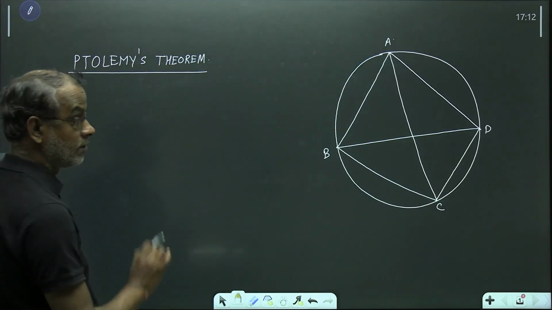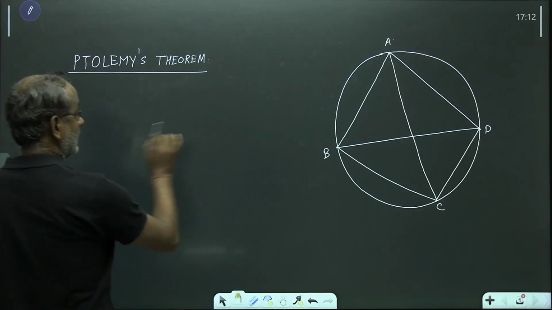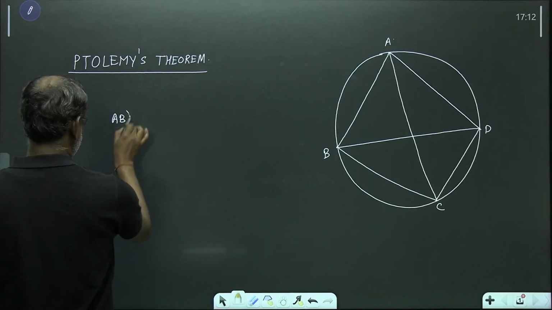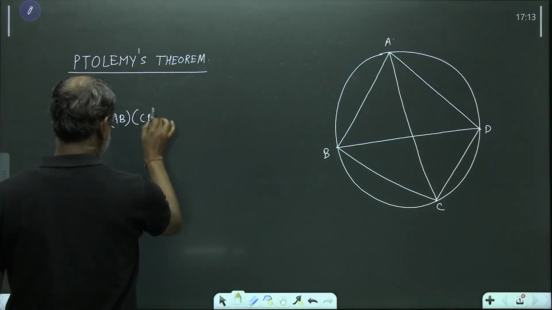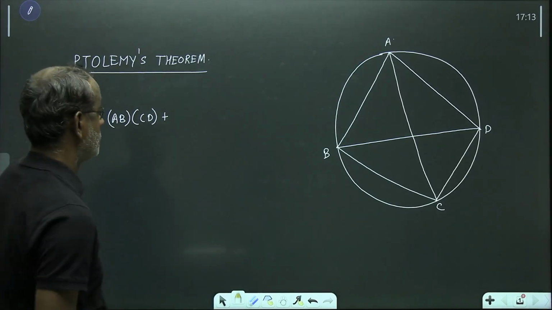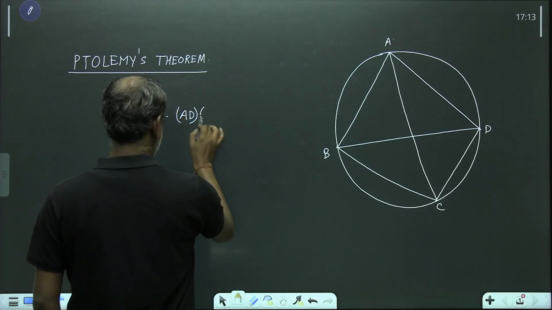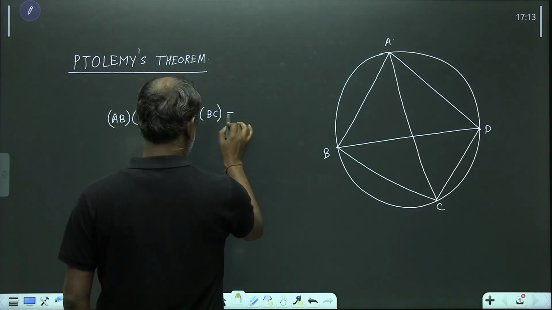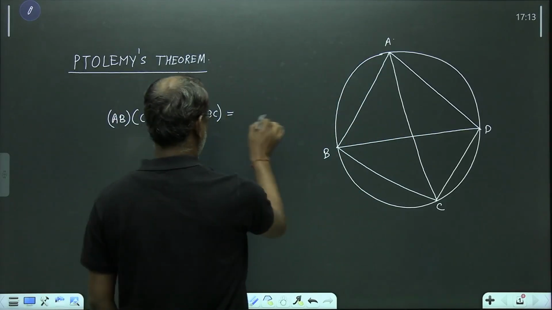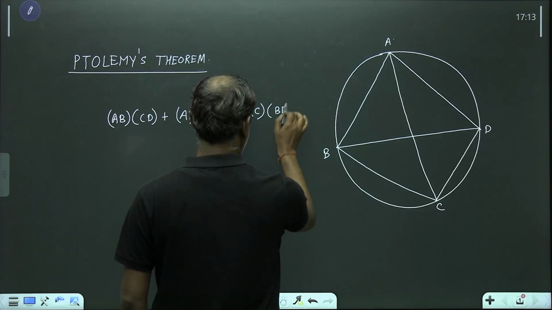That is, AB into CD plus AD into BC is equal to the product of diagonals, AC into BD.